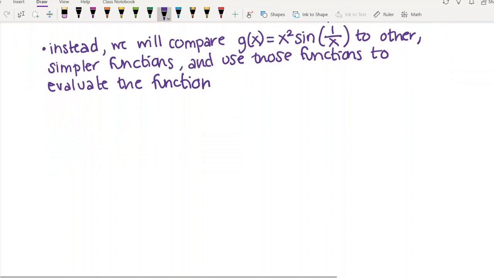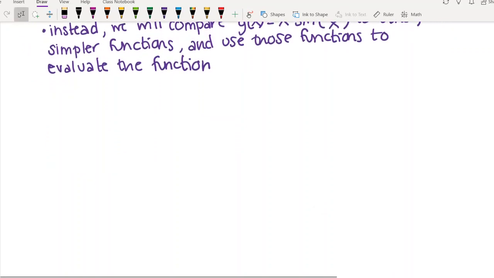So let's say what the squeeze theorem actually tells us. We'll see why it's called that once I draw a picture.